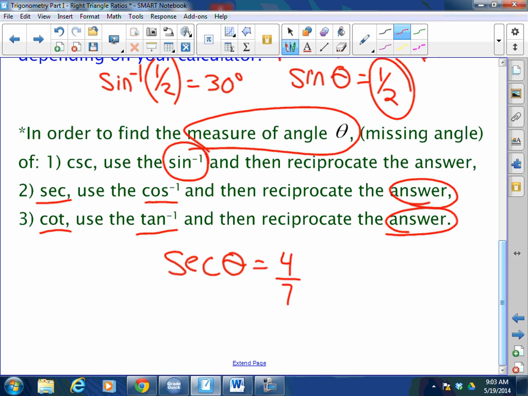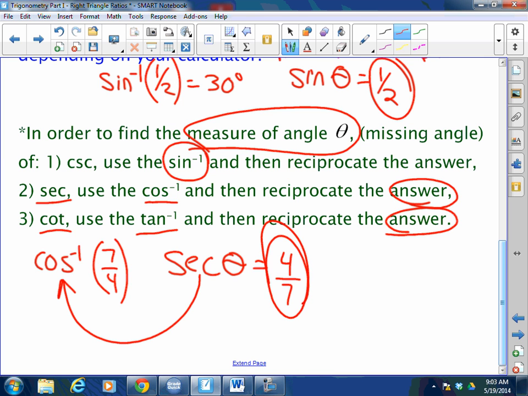Sine or cosine? Cosine. So go inverse cosine of 7/4. You have secant, so that activates the inverse cosine. But it's secant. So the answer they gave you, the value they gave you, must be reciprocated. What do you get? Okay, good. It's undefined. Very good.